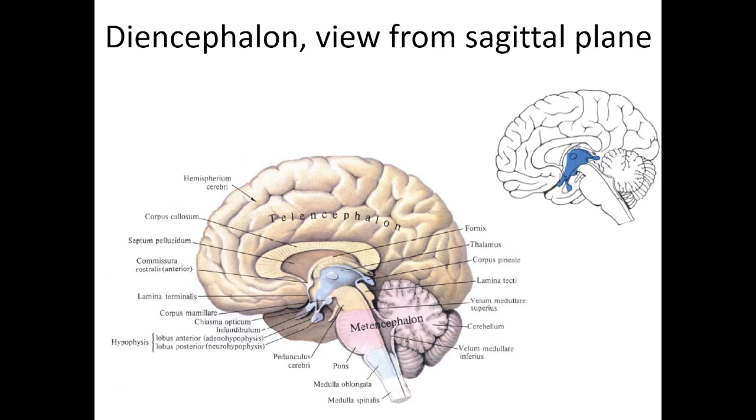The thalamus, metathalamus, epithalamus are the newer parts. They are referred to as thalamencephalon. The cavity of the diencephalon is the third ventricle. In this sagittal section, the diencephalon is indicated in blue.